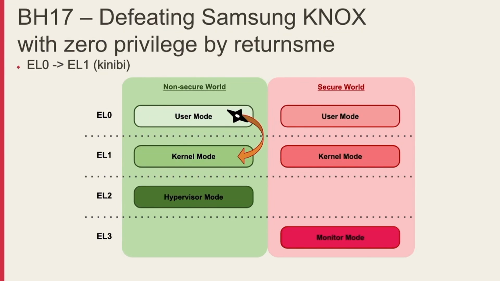First, at Black Hat USA 2017, Returnsme defeated Knox real-time kernel protection, which is designed to prevent privilege escalation from non-secure world exception level 0 to non-secure world exception level 1.